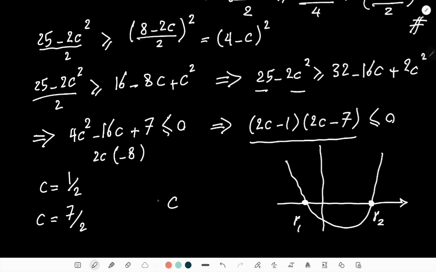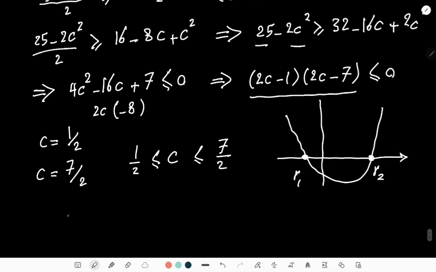So c is always greater than or equal to 1 over 2 and less than or equal to 7 over 2. So as you can see, the maximum value of c is 7 over 2. So I hope that you enjoyed this solution, and yeah.